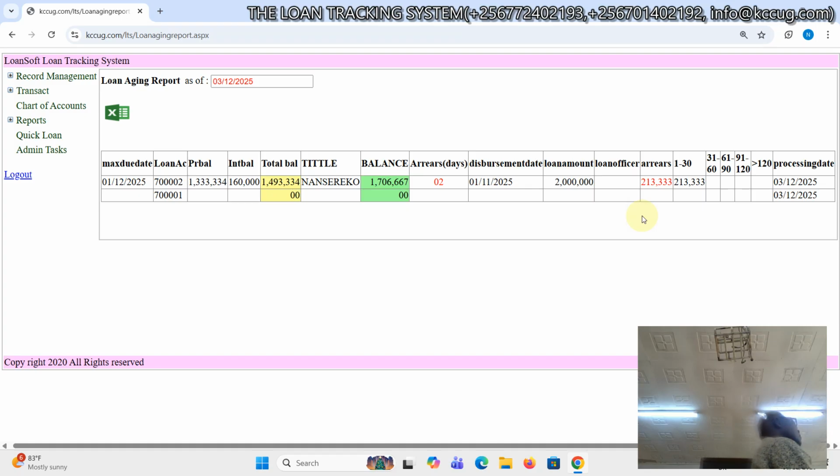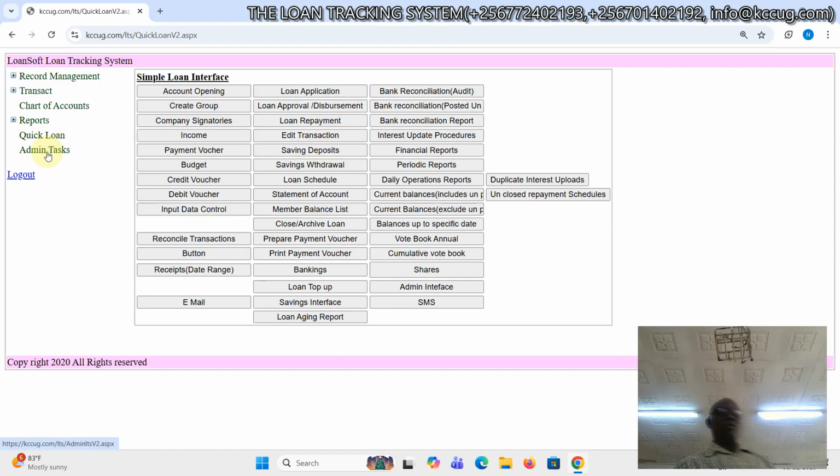Consequently, a tool like this one will help you identify at an early stage that this one has defaulted by this much. It is very, very short. So that is your aging report. We shall be looking at it more as we progress.